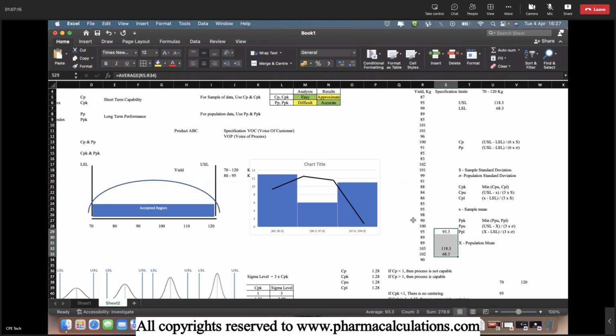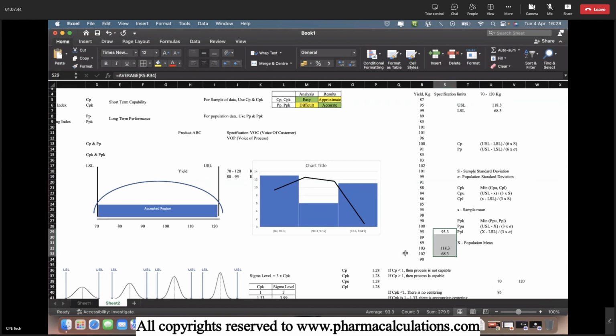And also if you ever want to increase the CPK, just try to change the standard range. Previously it was around 70 to 120 and the standard is 95, and now what I have done is modified the standard from 95 to 93.3. So now let's see here, the CP has increased as well as the CPK.